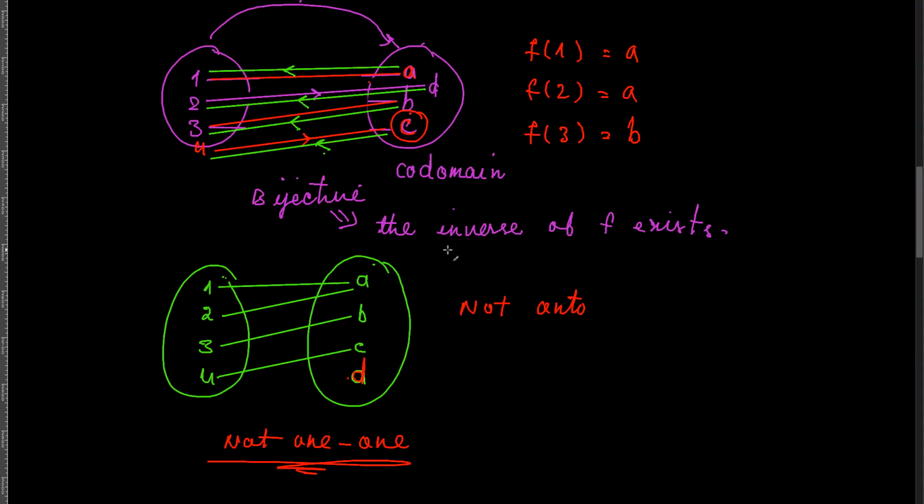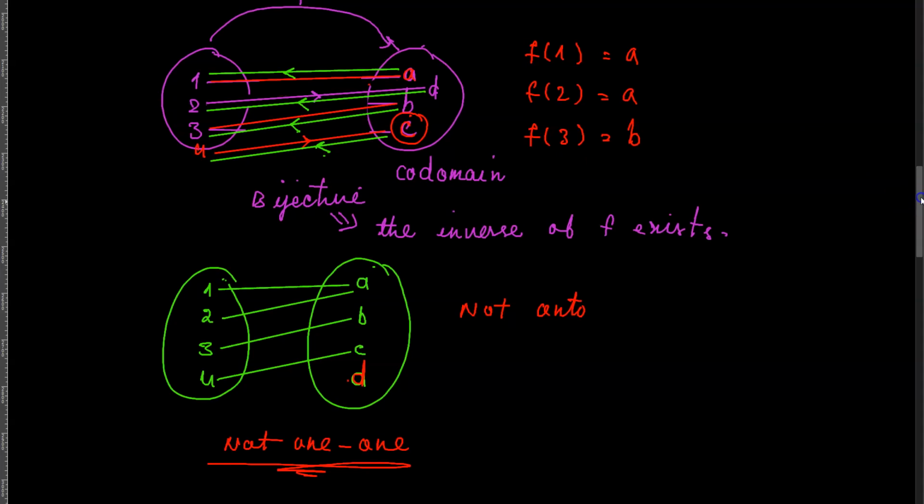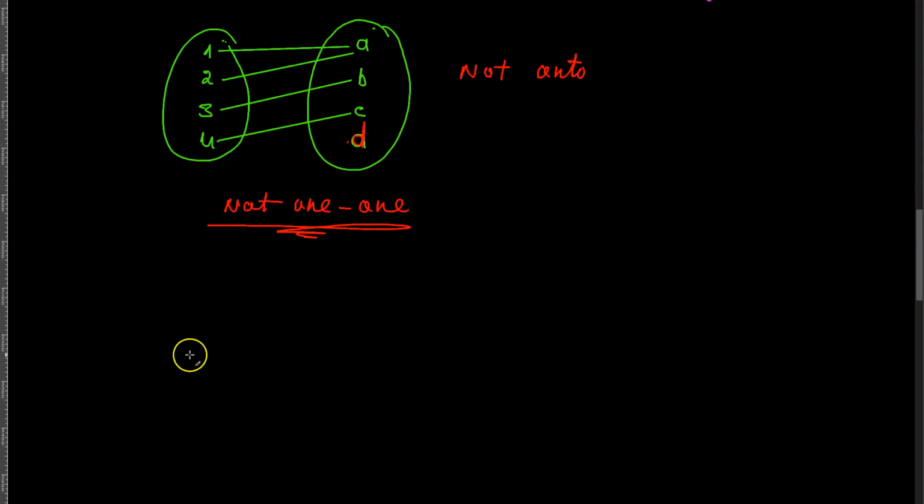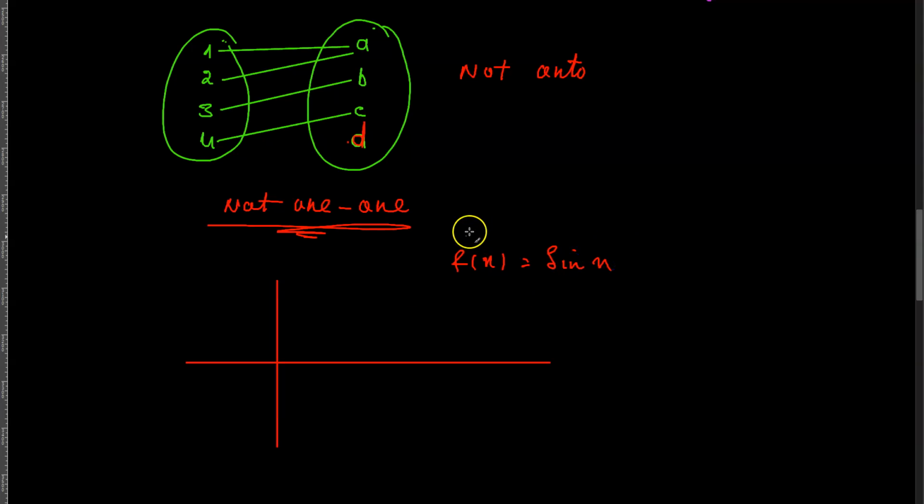For example, sine and cos are such functions. If you draw the graph of the function, for example, f of x is equal to sine x, you know that sine is a periodic function. It just keeps doing the same thing over and over again from negative infinity all the way up to positive infinity.